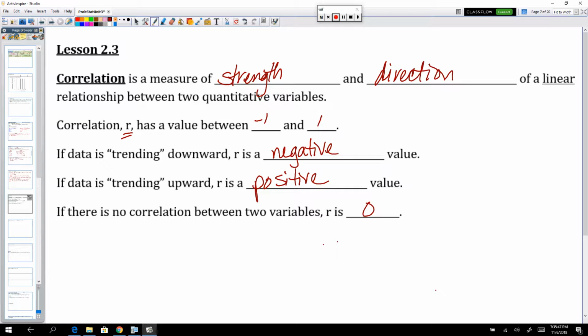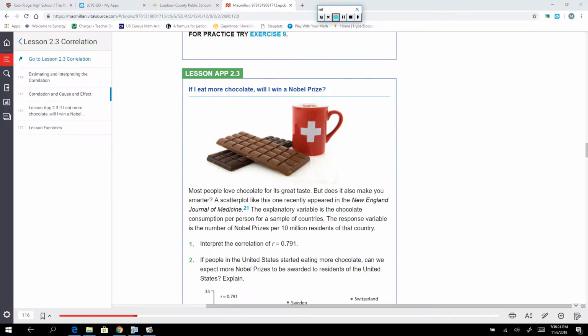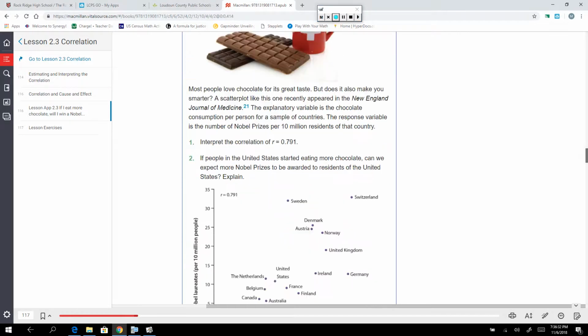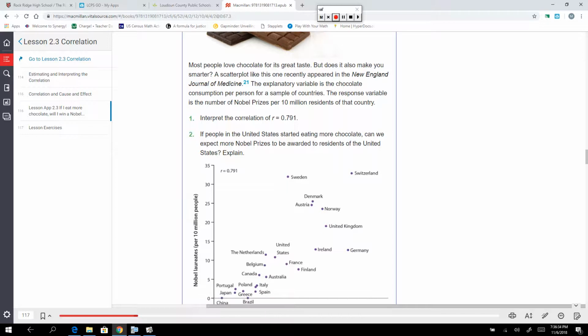So let's take a look at the lesson app 2.3 on page 117 and see if we can answer questions 1 and 2. As we read this question, we want to understand what's going on with this data here, plotted on the chart, of the different countries around the world.